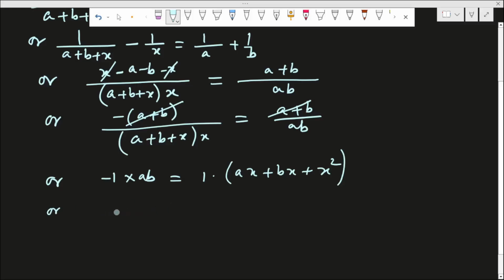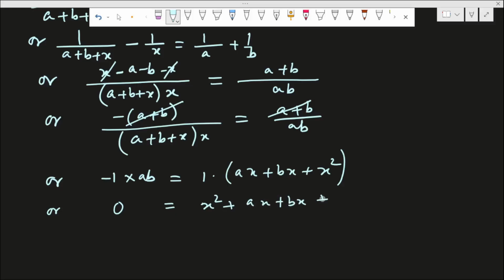Now minus ab is transposed to the left, that is minus 1 into ab, and minus ab is transposed to the right. So the left hand side is 0, that is equal to, now rearranging, x square plus ax plus bx plus ab.